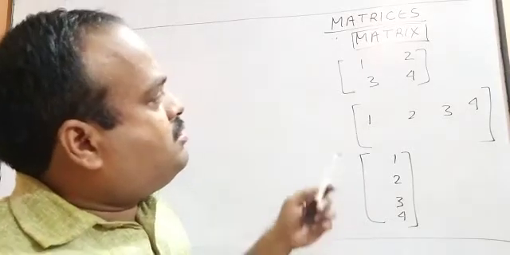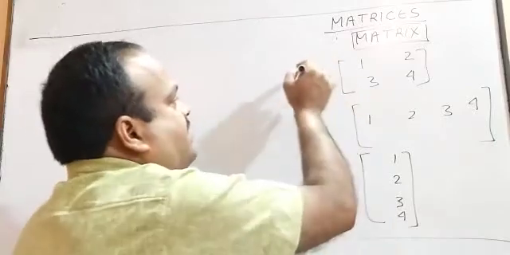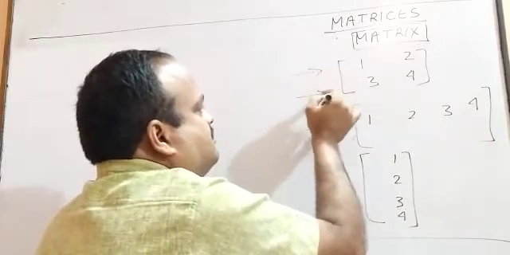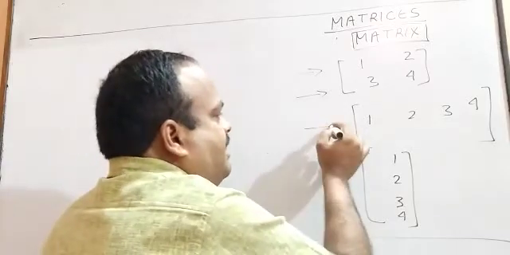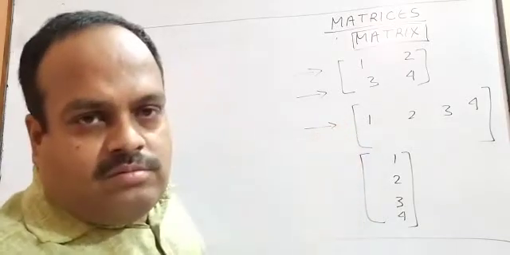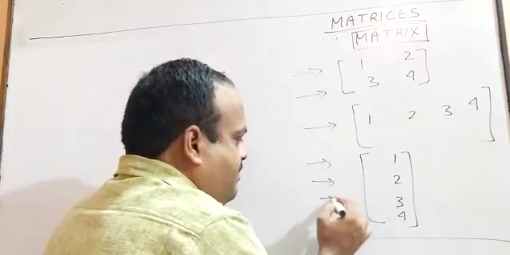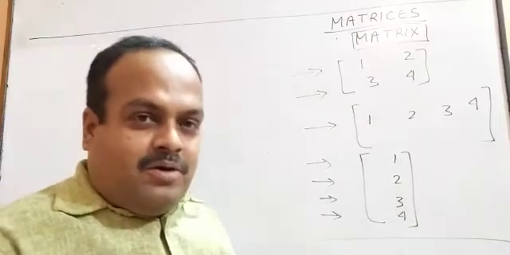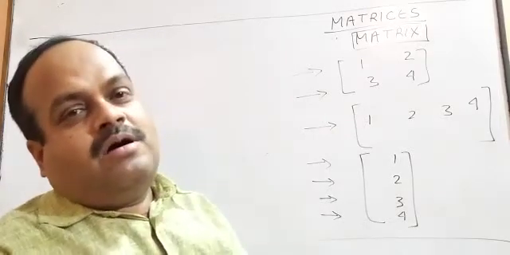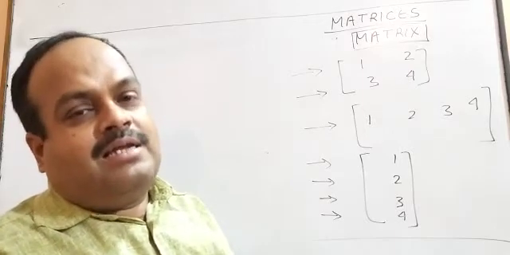So in this arrangement, we have 2 rows. In this arrangement, we have just 1 row. In this arrangement, we have 4 rows. I hope it is clear to you now how do we count the number of rows in an arrangement.